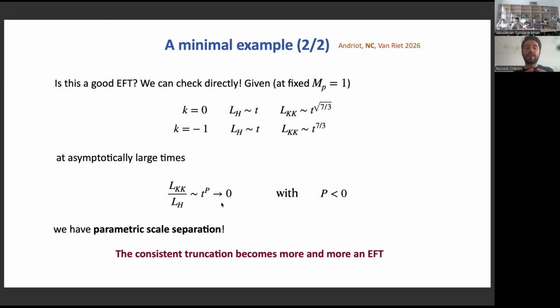When I say they are classical, it means I'm trusting them in a regime in which time is very large. And in the same regime, I'm automatically implementing scale separation at a parametric level. So even if this might have been a consistent truncation, it becomes more and more an effective field theory, more and more scale separated as time evolves.